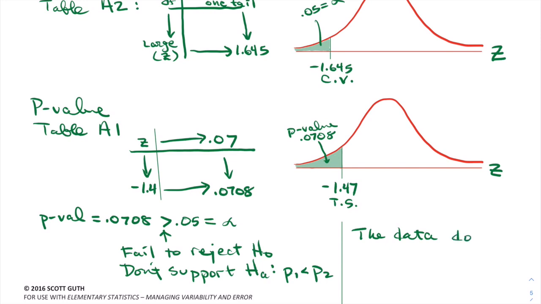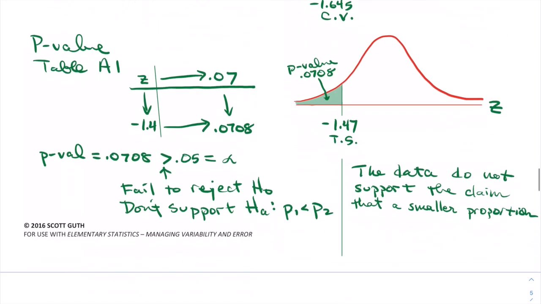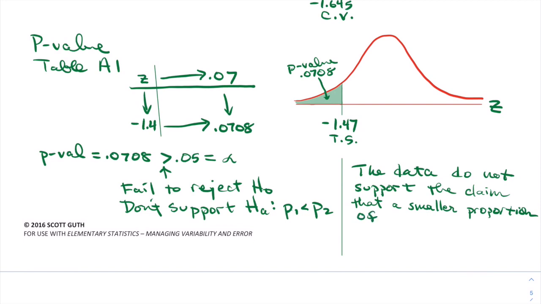The data do not support the claim that a smaller proportion of females are left-handed than males.